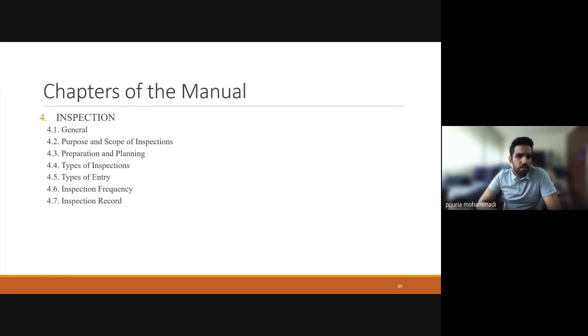In chapter 4, we talked about the culvert inspection procedure and provided information including purpose and scope of inspections, preparation and planning, types of inspection, types of entry, inspection frequency, and inspection record forms. We included our proposed data-driven inspection method in section 4.6, inspection frequency.